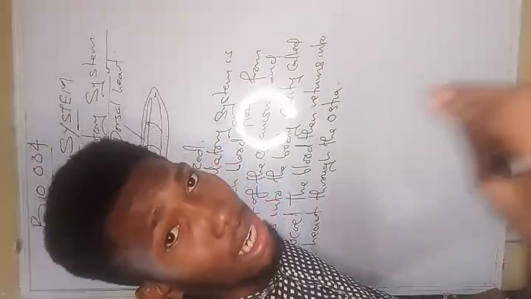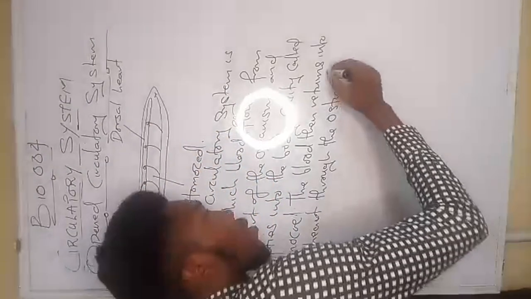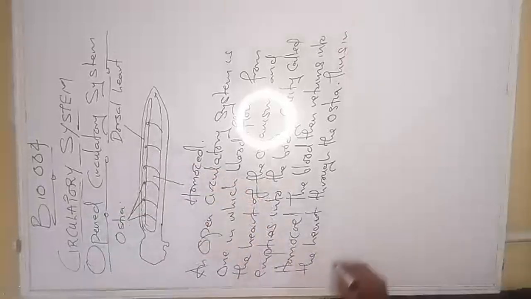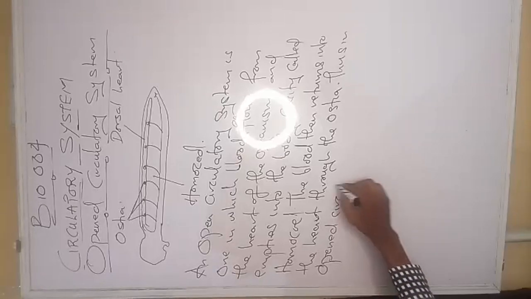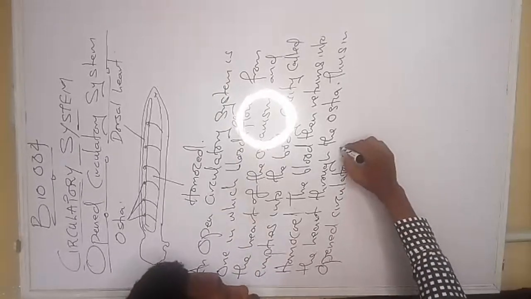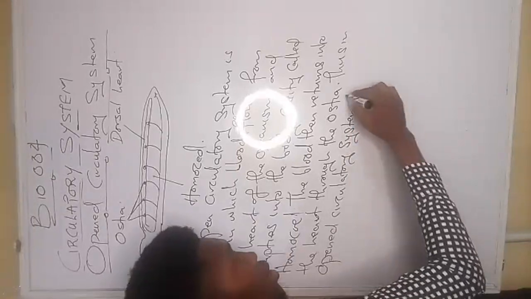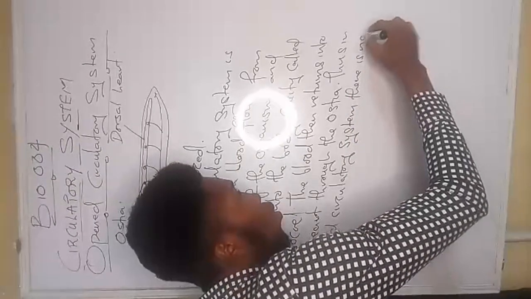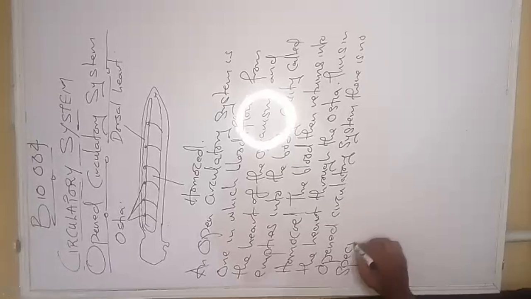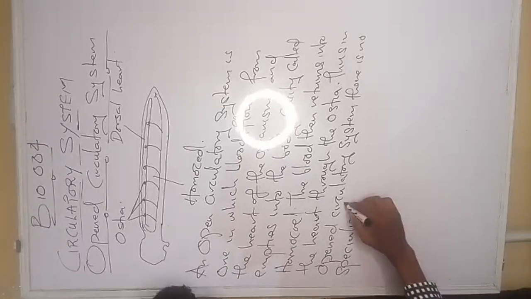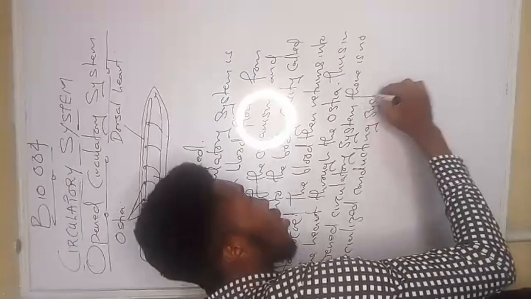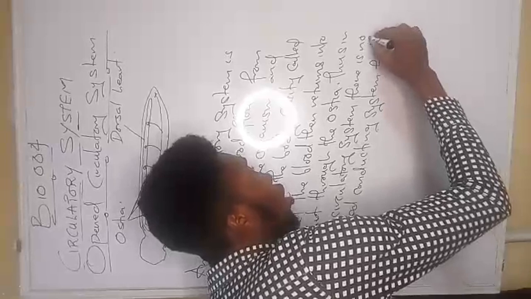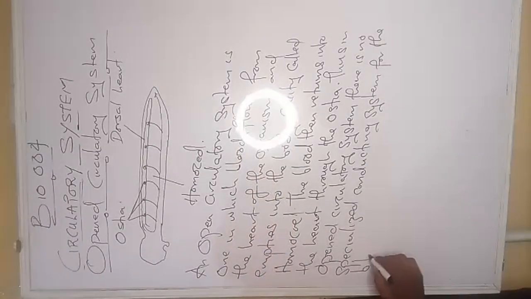So meaning that in an open circulatory system, there is no conducting channel for the blood. Thus, in an open circulatory system, there is no specialized conducting system for the blood.